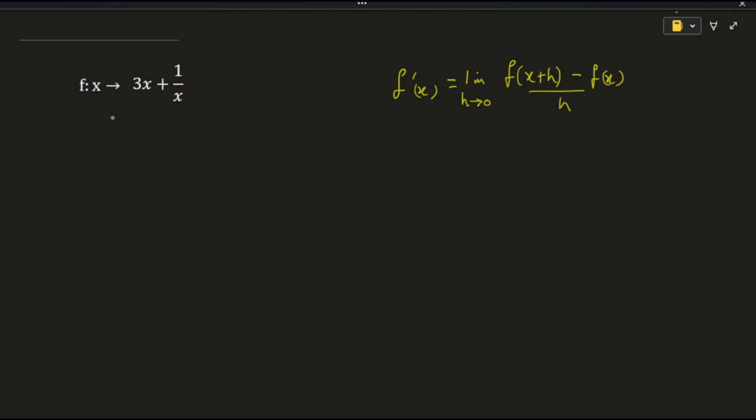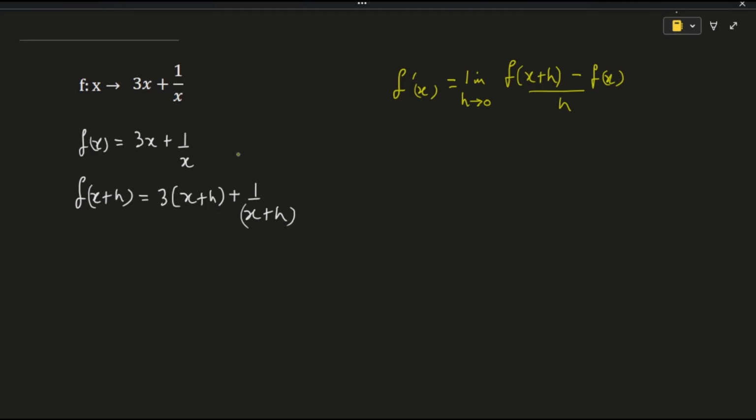So from this function, f of x is given by this, and that f of x plus h would be this, so here we replace x plus h wherever x is.